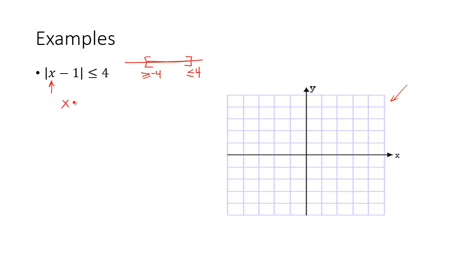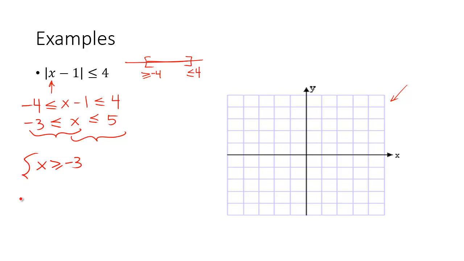Before, we looked at it as one statement like this, between -4 and 4. That's nice and easy to solve, which then becomes add 1 to all three parts. You get x between -3 and 5. But this is actually two equations: x greater than or equal to -3 and x less than or equal to 5.